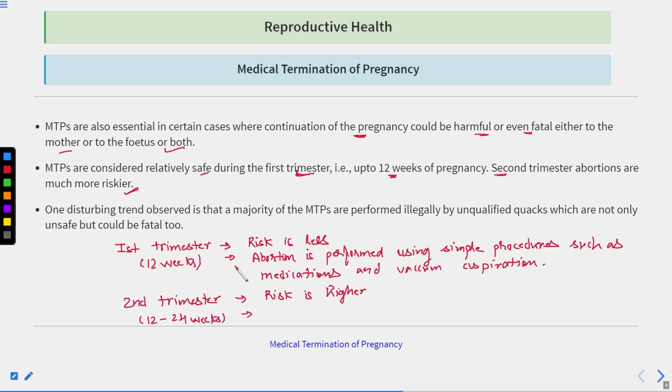Because here the abortion is performed using complex procedures. Okay, clear? And the gestation period also increases here. You can write this also. Here the gestation period increases.